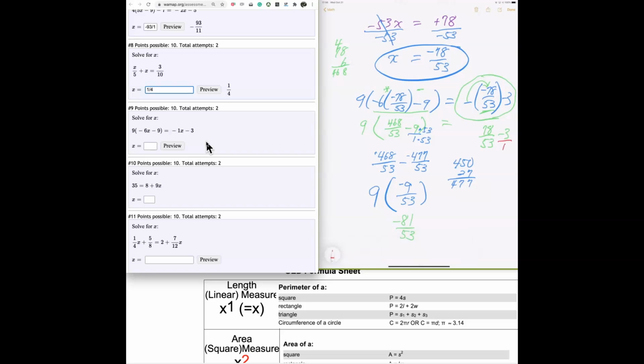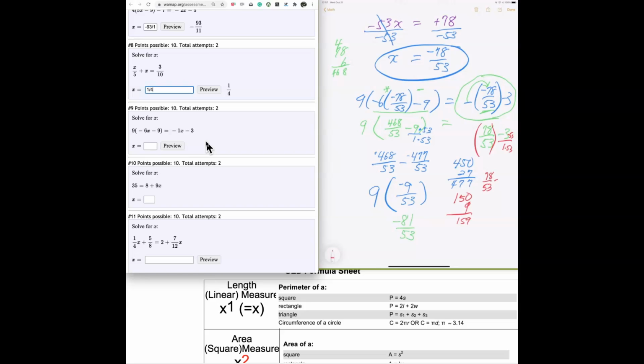Just put it over 1. And let's keep our parentheses here. So for this to work, we need a 53 here and a 53 on top, right? So 3 times 53, we'll do this the same way. 3 times 50 is 150, and 3 times 3 is 9. We'll get 159.